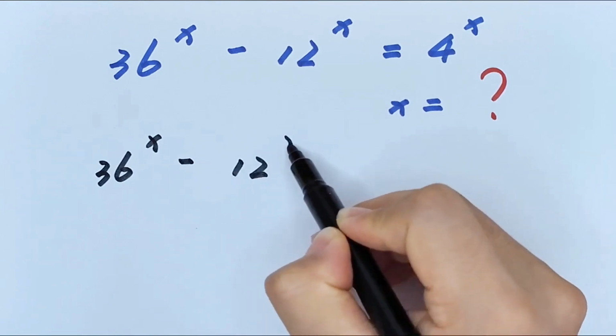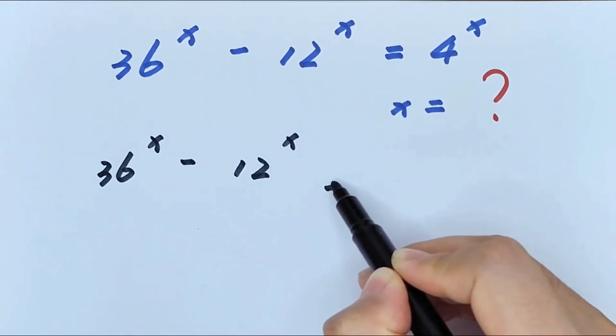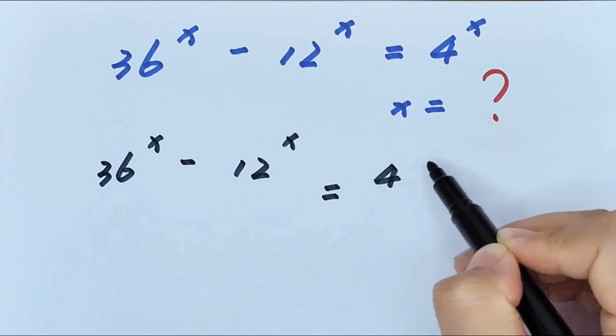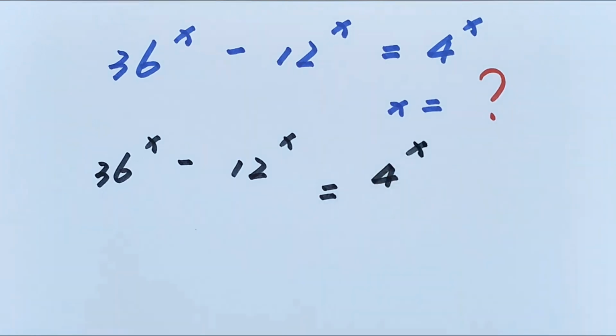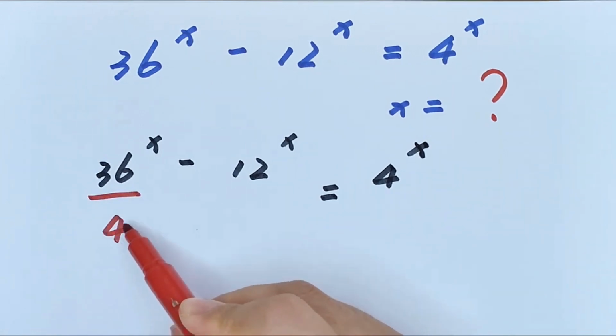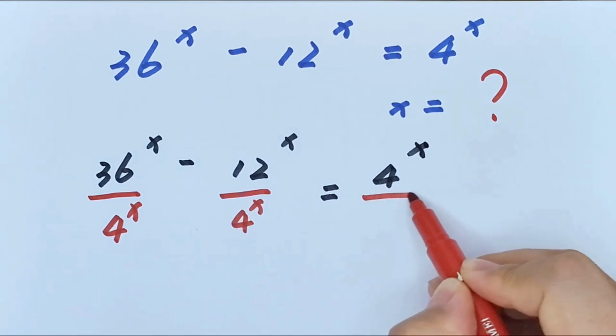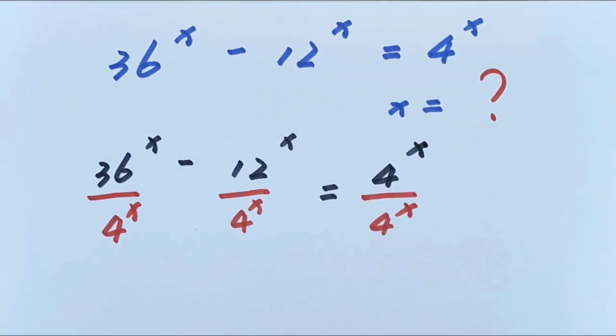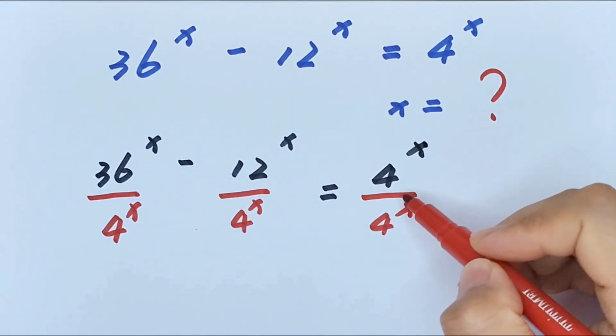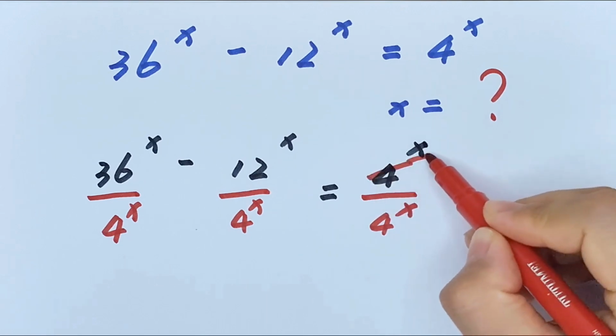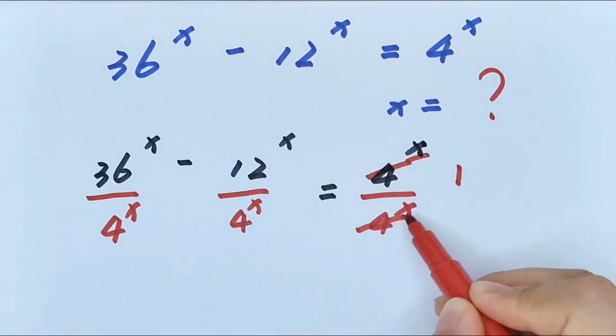We divide it by 4 to the power of x in both sides. So here is 1 and here is 1.